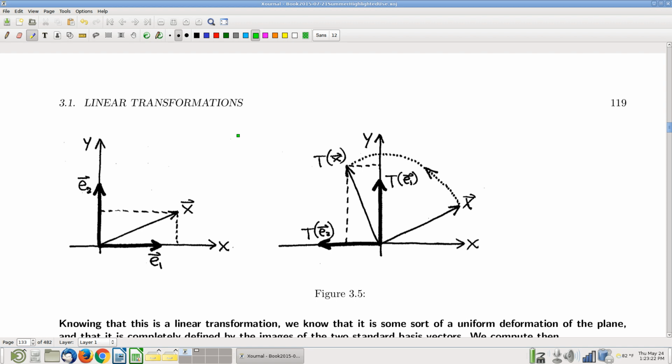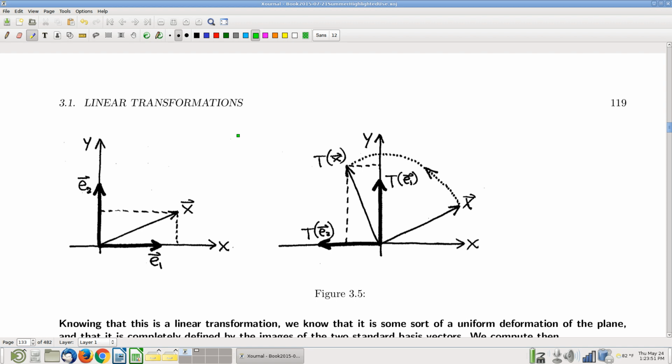If I were to take a rectangle and rotate it, straight lines are still straight lines. Parallel lines are still parallel lines. The way that this little region of space gets deformed, namely it gets rotated by some amount, is exactly the same way that this region of space gets deformed. They end up in different places, but there is a uniformity to the deformation.